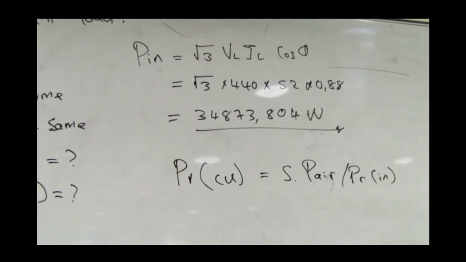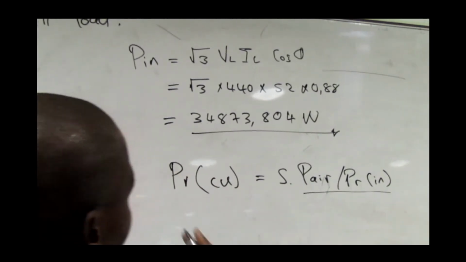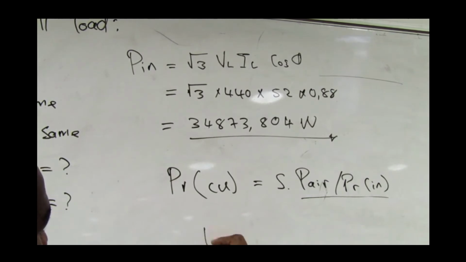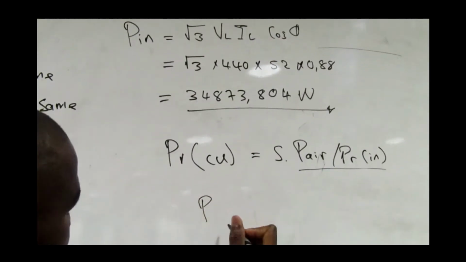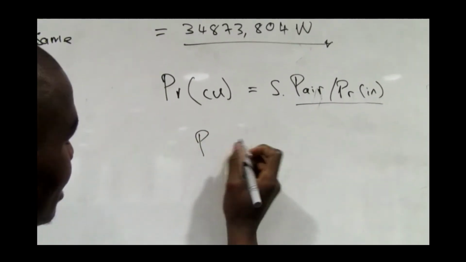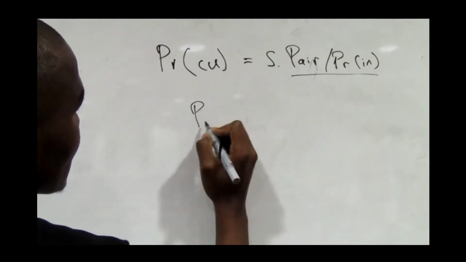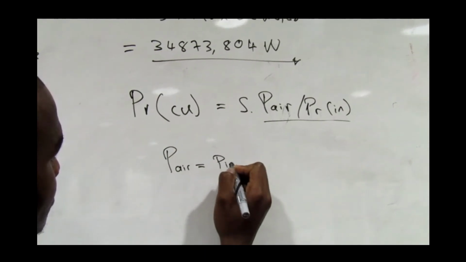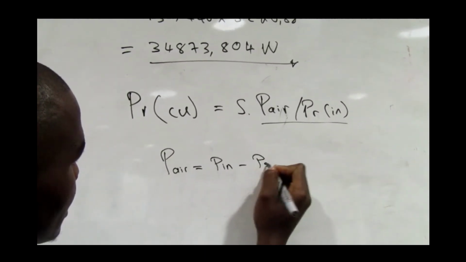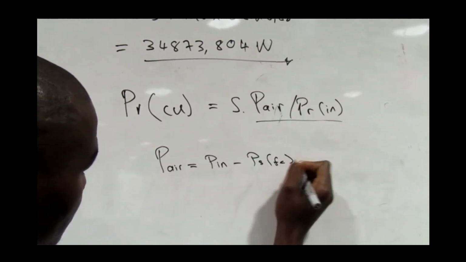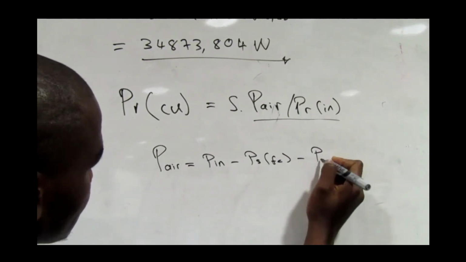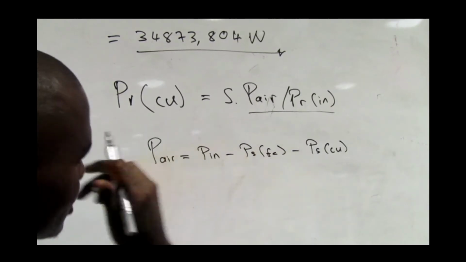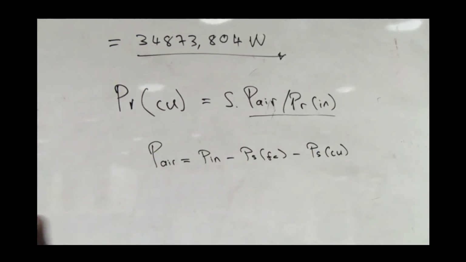Now we have to calculate our P air gap, which we don't have currently, but when I was explaining it in the flow diagram, P air gap is equal to P in minus PSFE minus PSCU. These are the iron losses of a stator, and these are the copper losses of a stator.